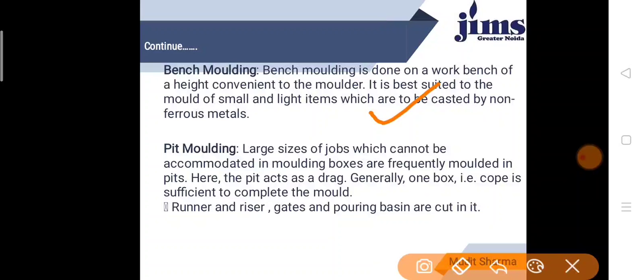What is pit molding? In this kind of molding process, large jobs which cannot be accommodated in molding boxes are frequently molded in pits. What is a pit? A pit is like a hole, which we use as a molding flask. Hence the pit acts as a drag, and generally one box, a cope, is sufficient to complete the mold.